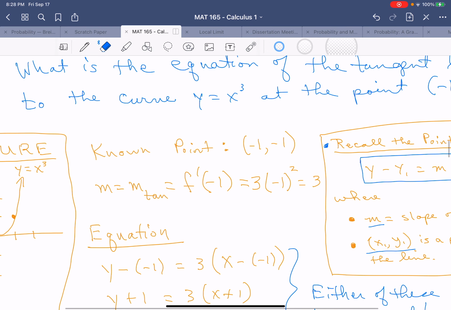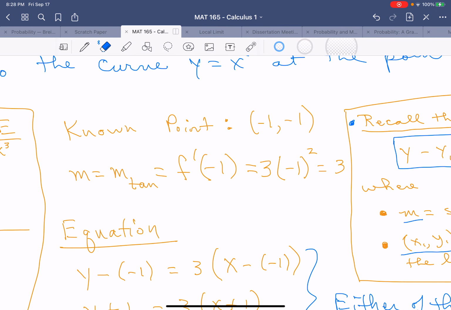All right, so now let's focus in on the part in the middle. Remember, we know the point -1, -1. That's going to be our x1, y1 in that formula. To get the slope of the tangent line, that's where we use the derivative.